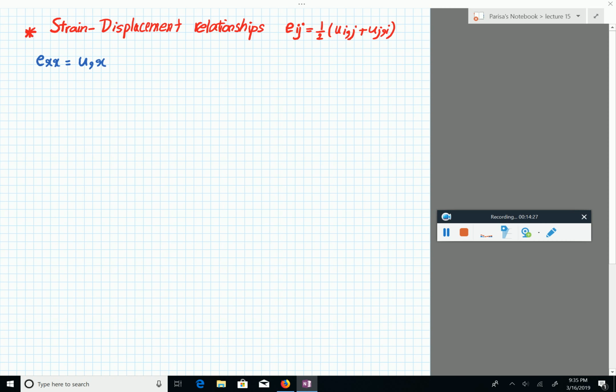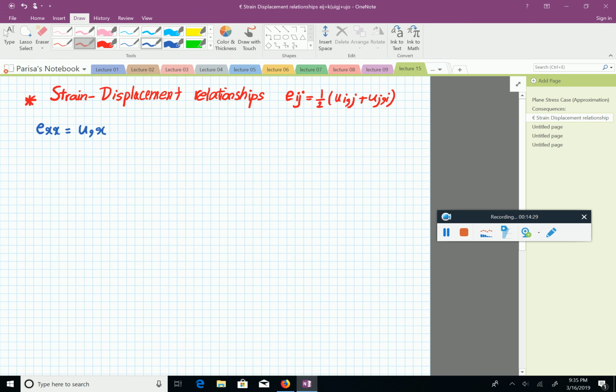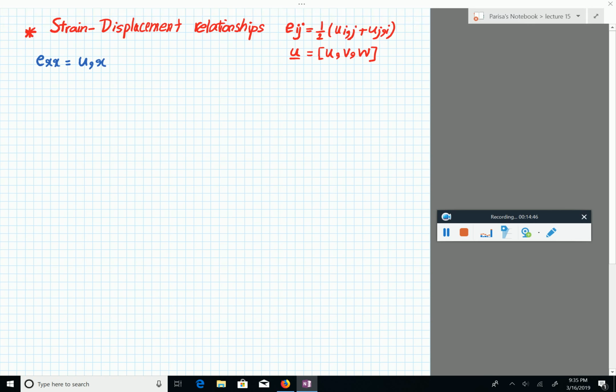And remember, the displacement vector here we basically take to be U, V, W. So don't be confused about using U for the displacement vector and also the x component of U. We follow the book notation in here.